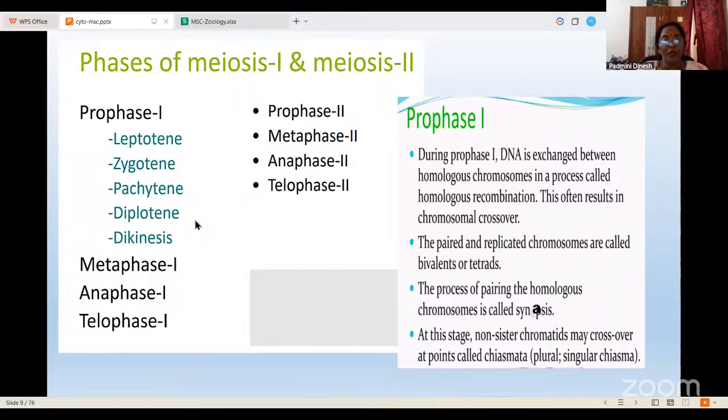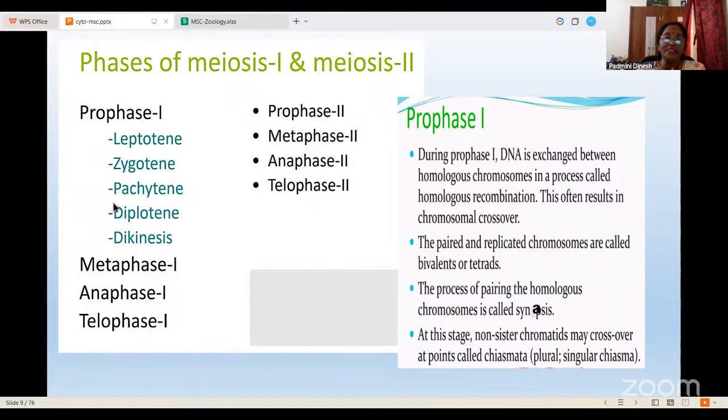What exactly is happening in this stage? This is a very, very important phase of prophase 1. Why? Because the recombination of the genes occurs here between homologous chromosomes. The homologous recombination, that is, the sharing of information between the maternal and paternal genes, occurs in prophase 1.